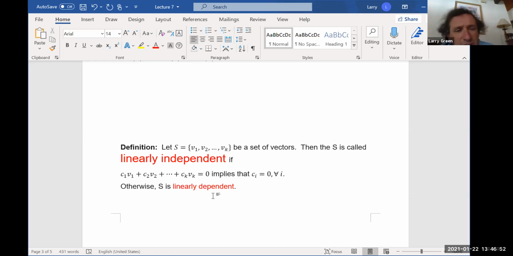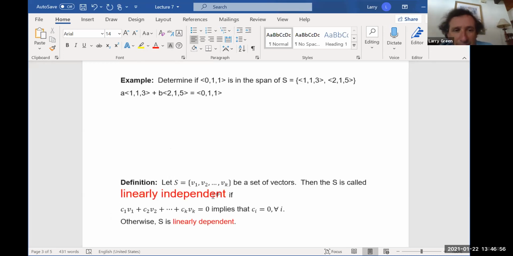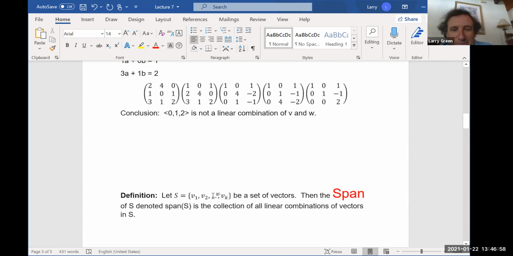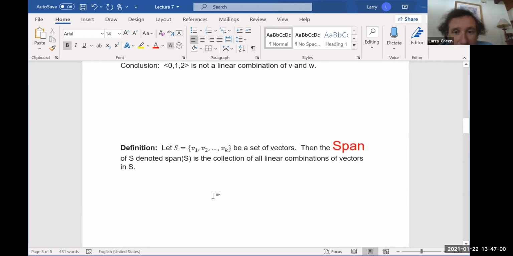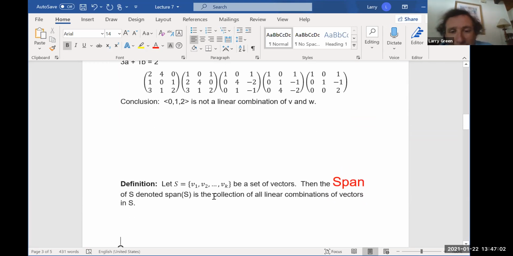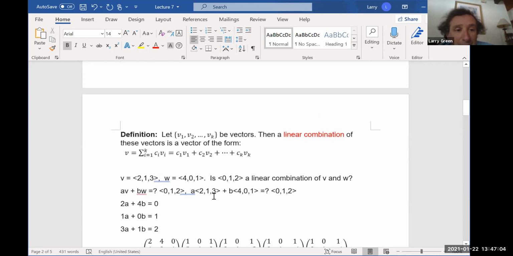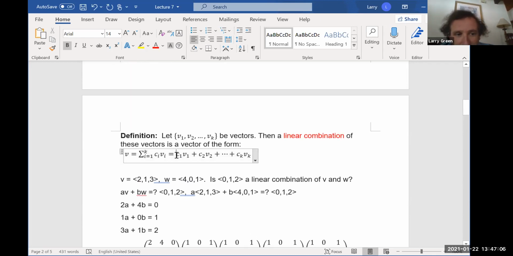Okay, so notice if you look at span and linear independence, let's go back to span again. Span has to do with linear combinations. Now, linear combination means that V equals C1V1 plus C2V2 plus ... CKVK. Now what we're saying is that we're replacing V with 0.